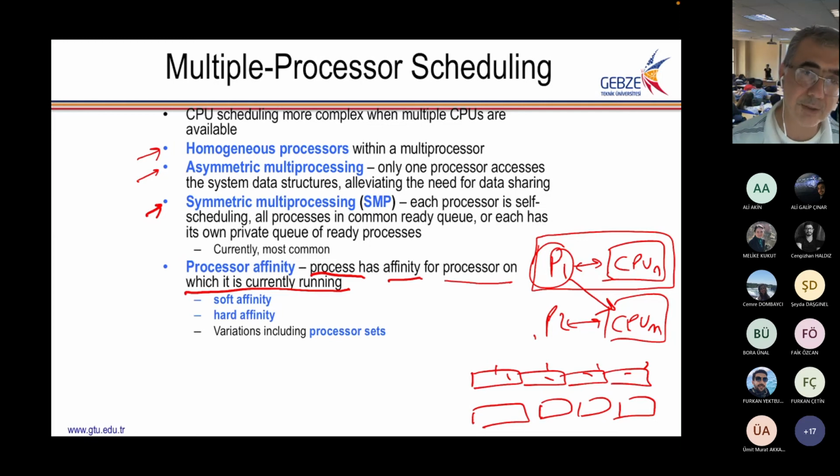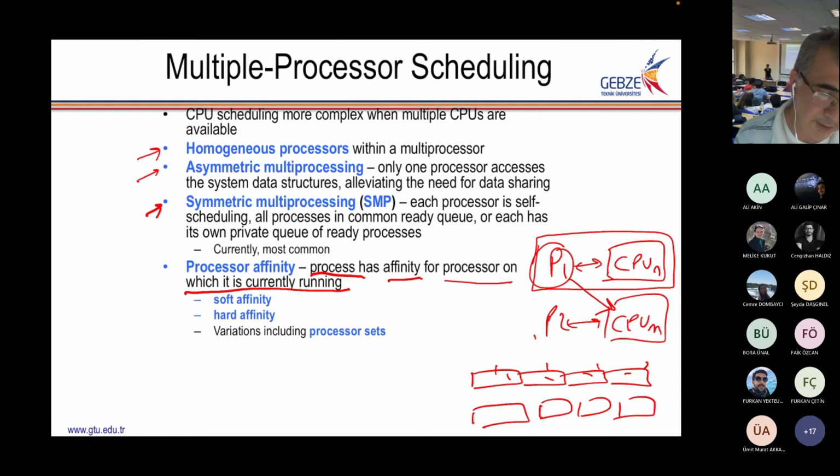So you decide whether to wait for another round or switch that process to another core or processor. That's a decision that should be made by the scheduler again. So the multiprocessor scheduler should decide considering processor affinity as well.